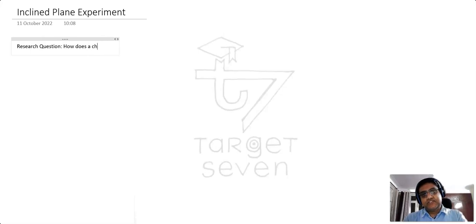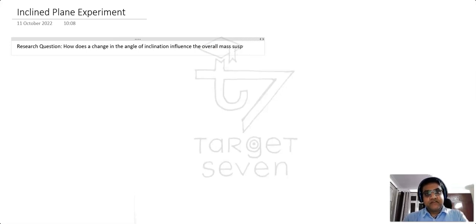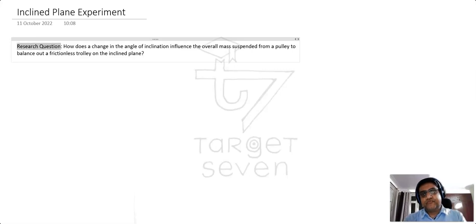How does a change in the angle of inclination influence the overall mass suspended from a pulley to balance out a frictionless trolley on the inclined plane? So that would be a probable research question.